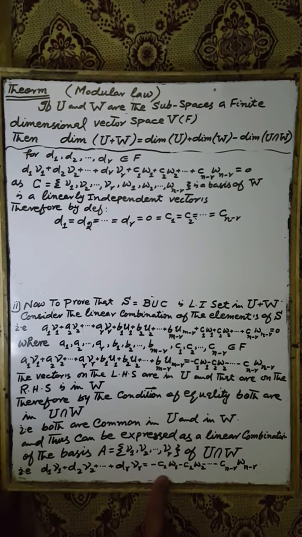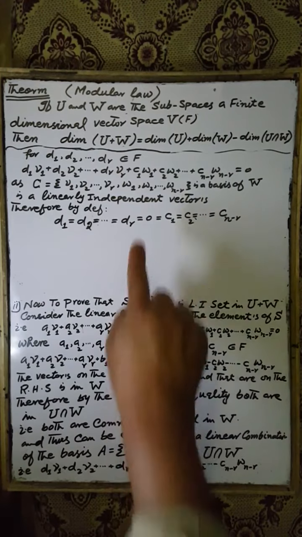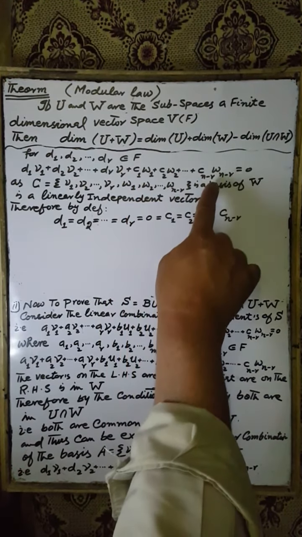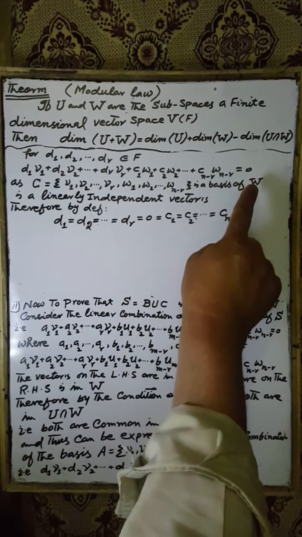That is, after the rearrangement of this equality, we have d1 v1 plus d2 v2 plus up to so on dr vr plus c1 w1 plus c2 w2 up to c(n minus r) w(n minus r) is equal to 0.